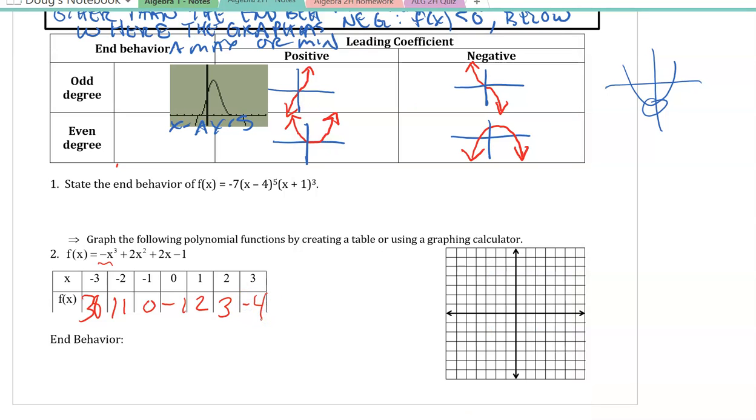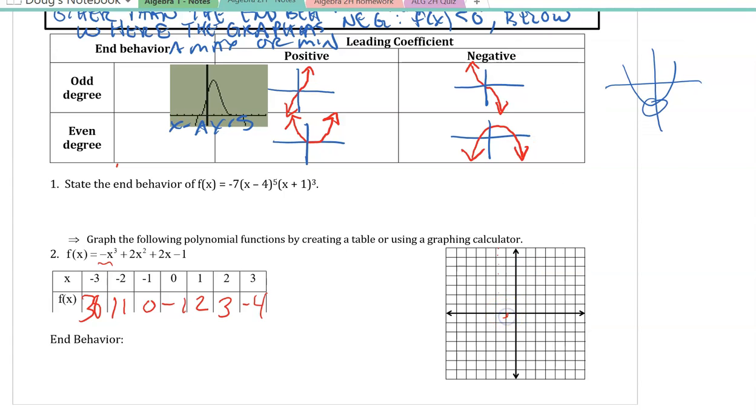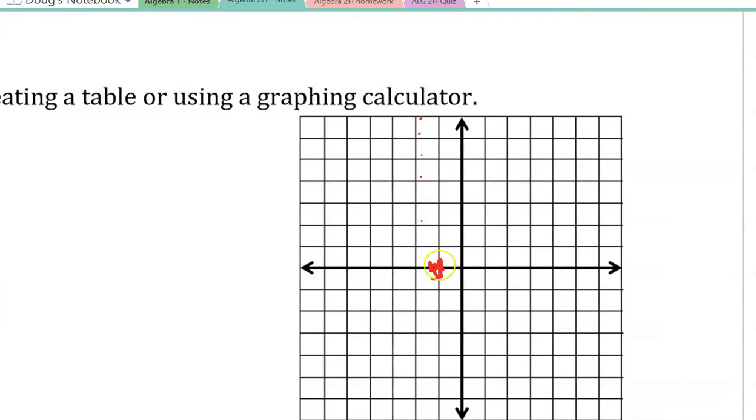So let's plot those points. Well, we can't really plot negative 3 comma 38, but we know it goes pretty high. Negative 2, 1, 2, 3, 4, 5, 6, 7, a little too high still. At negative 1, it's 0. We know from there it goes rapidly upward. Oops, way upward.